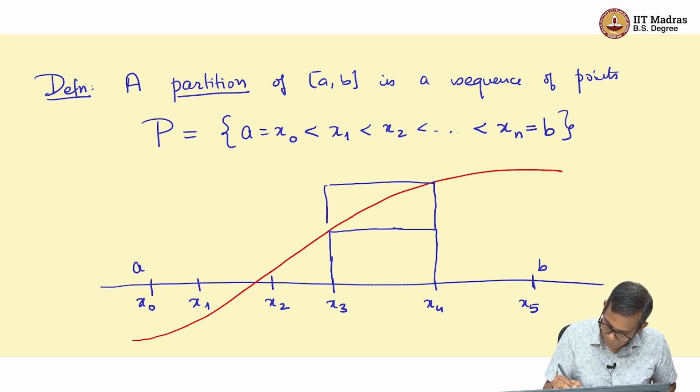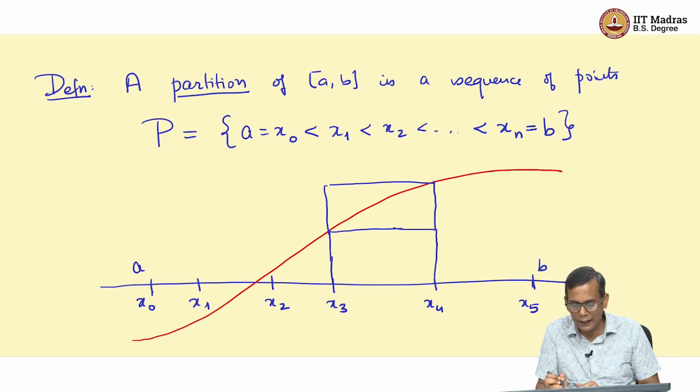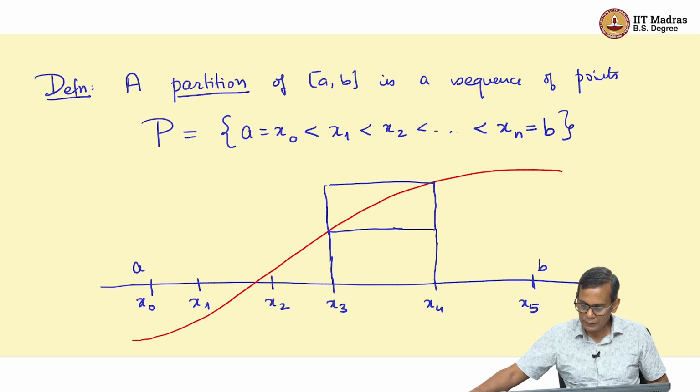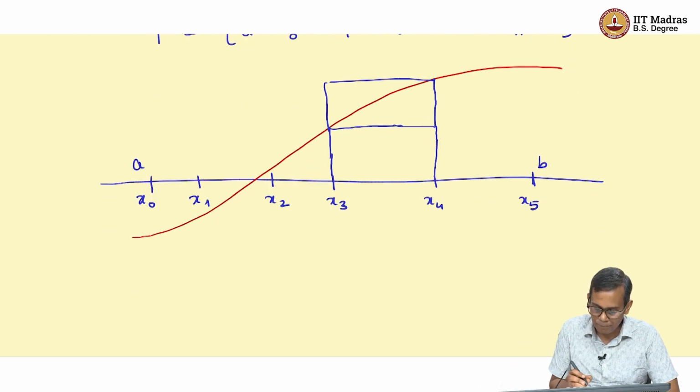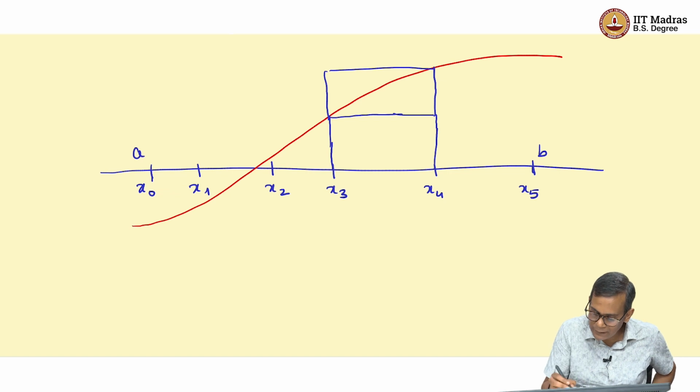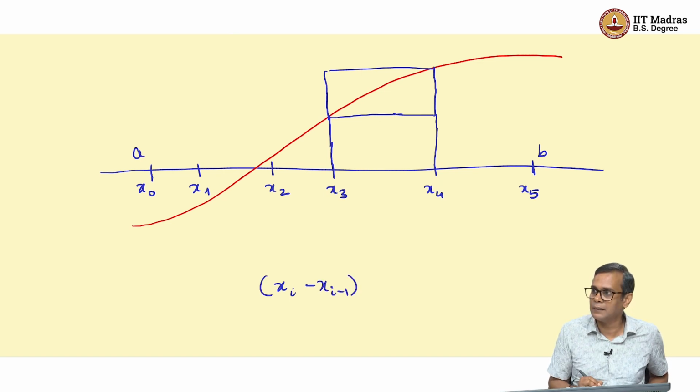So I have a lower rectangle and an upper rectangle. What are the areas? The base is xi minus xi minus 1. That's the size of the base.